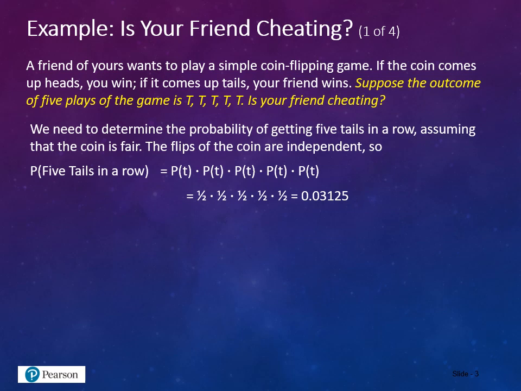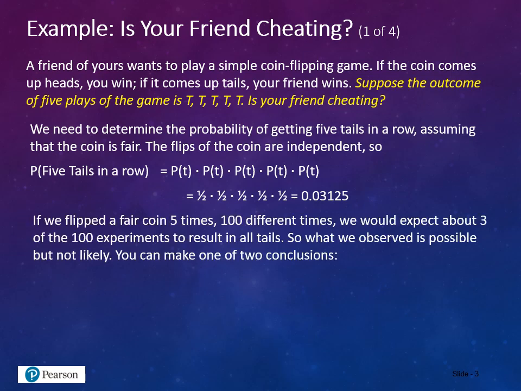Well, the probability of getting a tails on each flip is 1 out of 2. There are 2 choices and tails is one of those outcomes. So we get 1/2 to the 5th power, which is 0.03125.